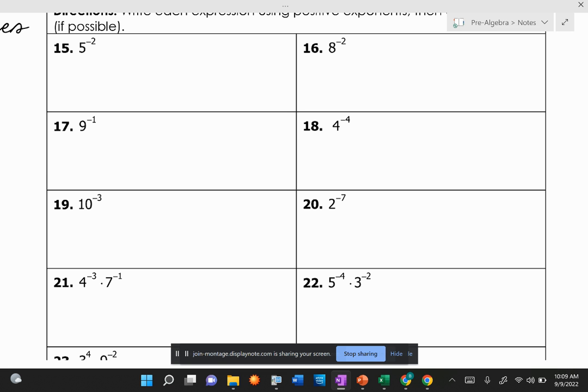Wait, even on the homework? Odds. Odd numbers are 1, 3, 5, 7, 9, 11, 13, 15.